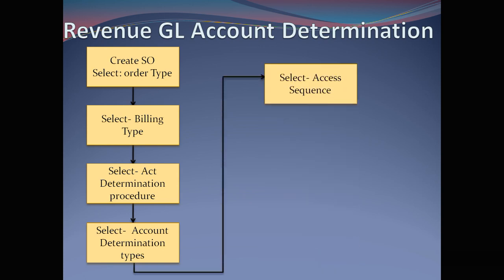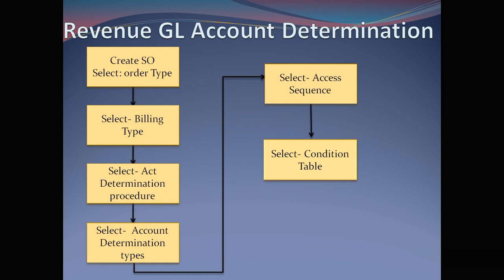In the next step, what happens? System will select the access sequence, because this access sequence we have linked to the account determination type. Then in the next step, based on the access sequence, we have given the condition tables. In the access sequence we have multiple condition tables, and we have given the sequence.